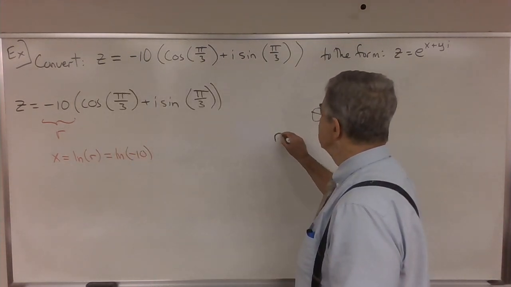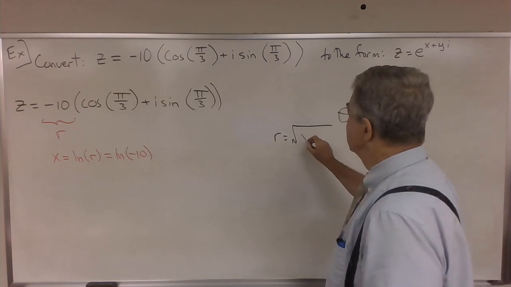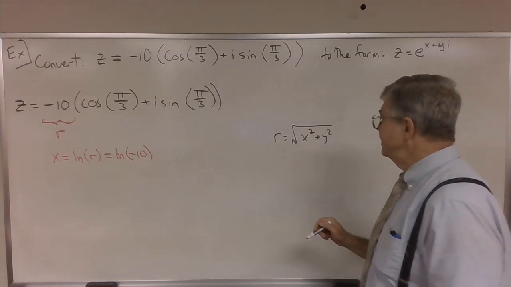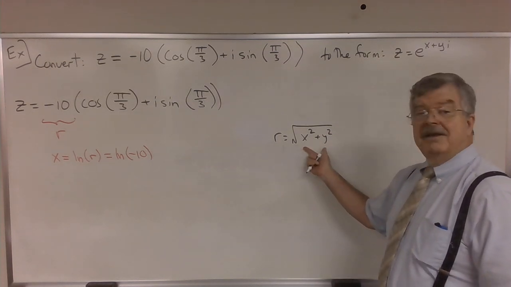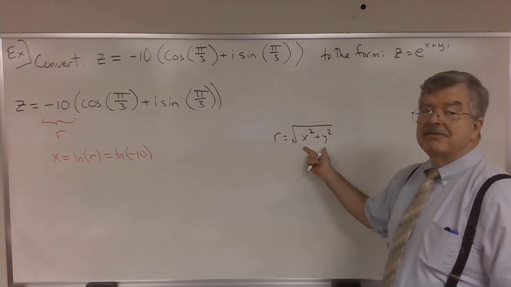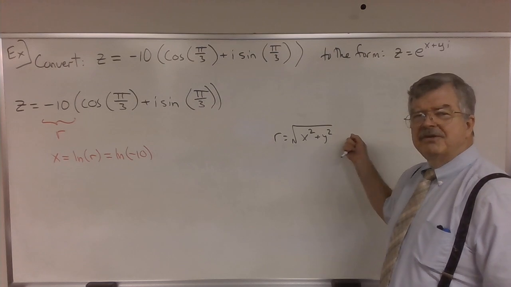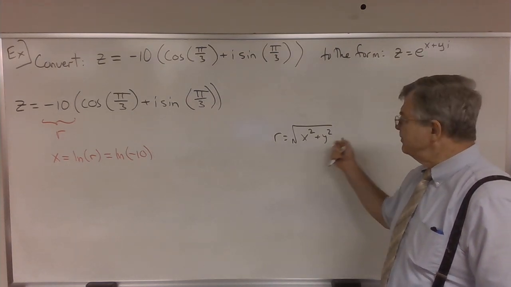Isn't r supposed to be the square root of the real part squared plus the imaginary part squared? This is the square root of a real number, a positive real number. We shouldn't get something negative here.